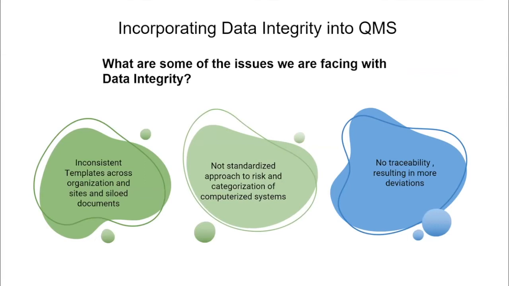And there are several issues when it comes to data integrity, but we wanted to highlight the importance of consistency, standardization, and traceability. We really need to eliminate barriers and silos in documentation, and that's where we can really leverage quality management systems to be a repository and maintain consistency throughout the document lifecycle.